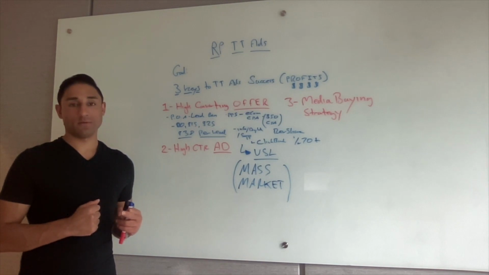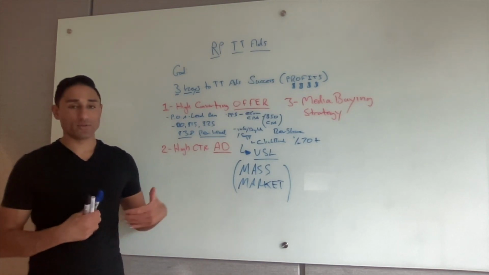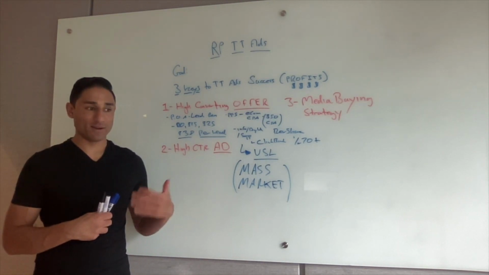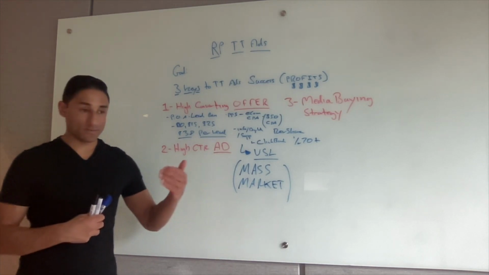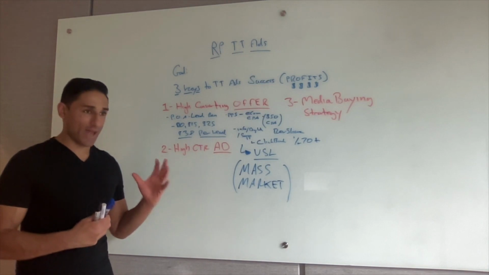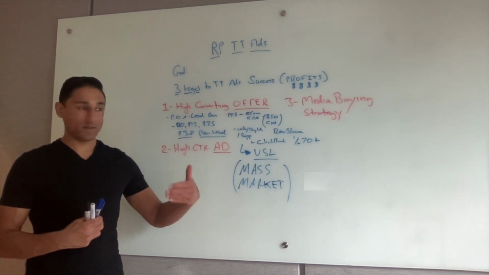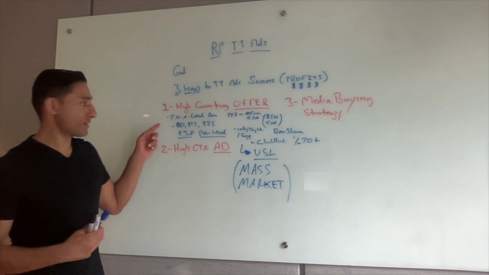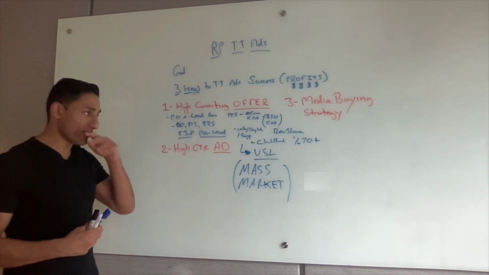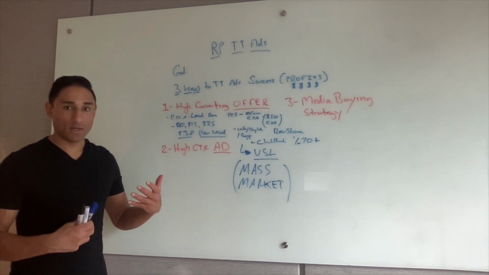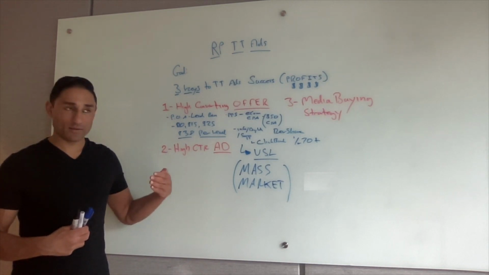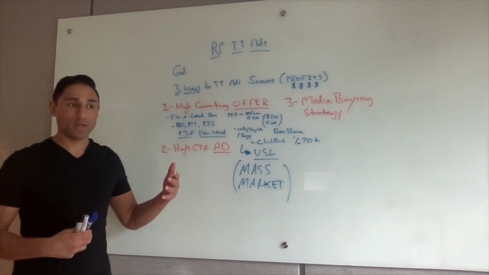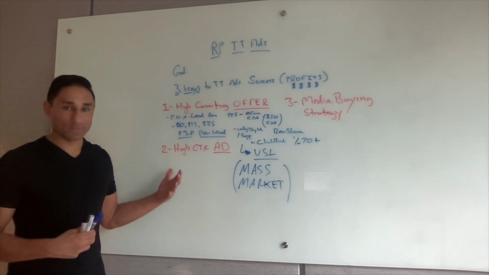However, we don't just want a bunch of clicks that are irrelevant to the offer. The clicks need to be relevant. They need to be congruent, meaning the ad needs to send targeted traffic to the offer. So if you're promoting an offer that promises to save money on car insurance, well, the ad has to talk about that, right?